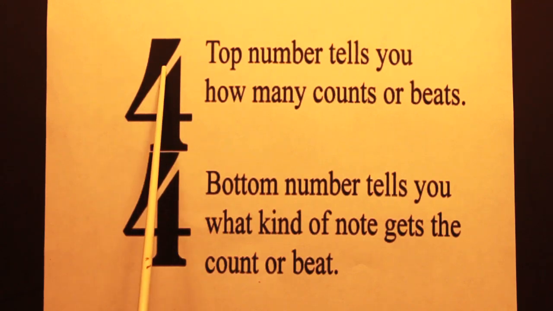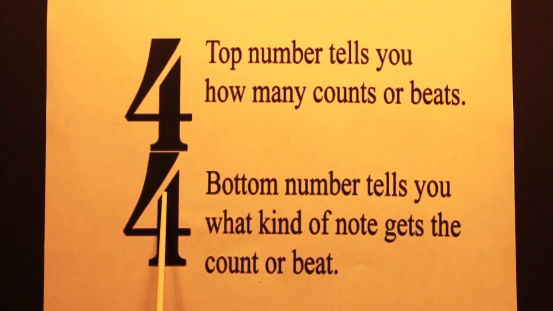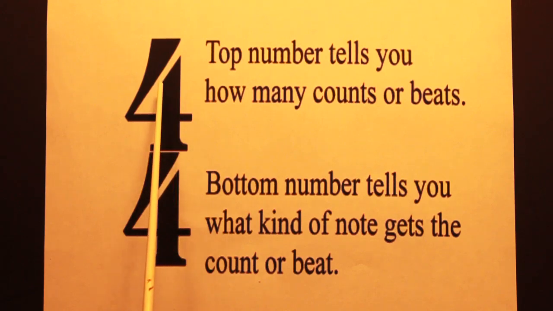It could be 7 sixteenth notes. It could be 8 half notes. It could be 5 eighth notes. But the bottom number, notice, can only be a 2, 4, 8, 16.